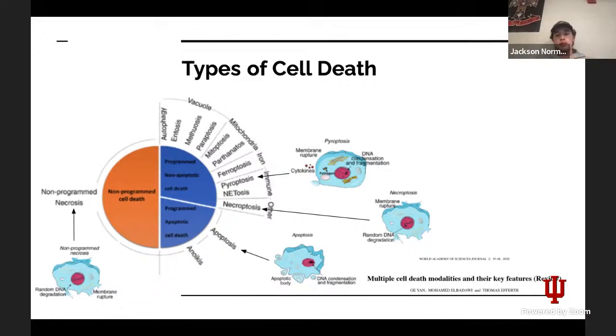Pyroptosis is an inflammatory type of cell death response, and necroptosis is kind of a fail-safe if apoptosis fails. Apoptosis is just the normal regulated cell death that generally occurs at the end of a cell's life, and necrosis is generally just cell death that occurs from trauma or toxins introduced to the cells.